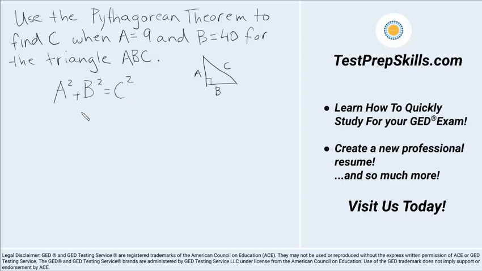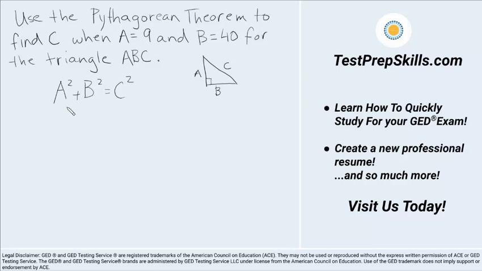Okay, now this is the way the Pythagorean theorem is normally written, but it applies directly to our question, okay? Because this c squared in the Pythagorean theorem is supposed to be the hypotenuse. And we can see by looking at our triangle that our c is our hypotenuse, okay? So we can use the Pythagorean theorem just the way it's stated.